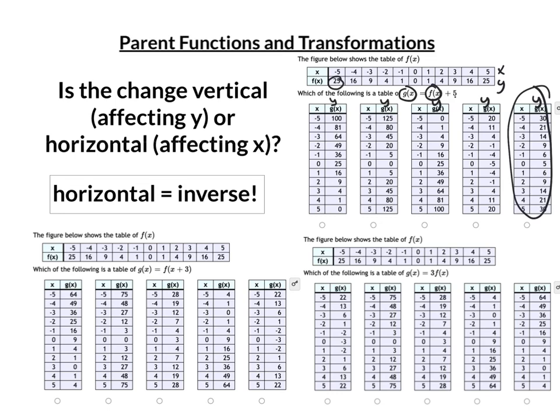Lower left, this is horizontal because x is being replaced. And I know that horizontal is the inverse. So what happens to the points is x is being changed, and x, rather than increasing by 3, it's the inverse, will decrease by 3. So some of these points won't be below. For example, I'm going to decrease x by 3. This one becomes -8. This one becomes -7.